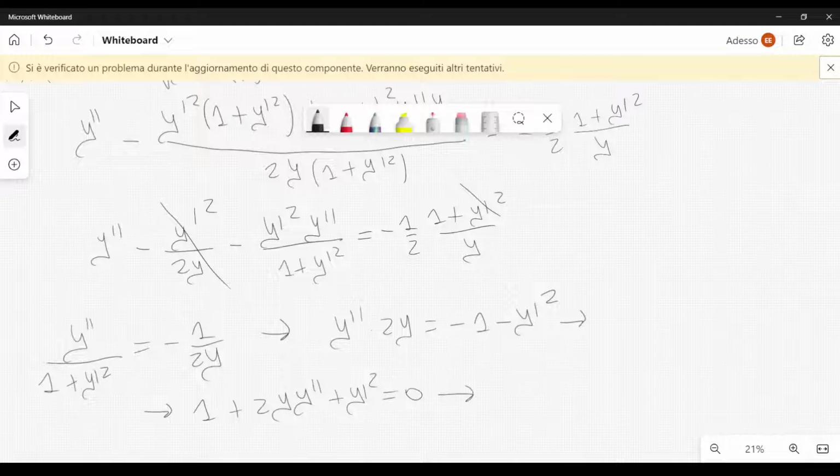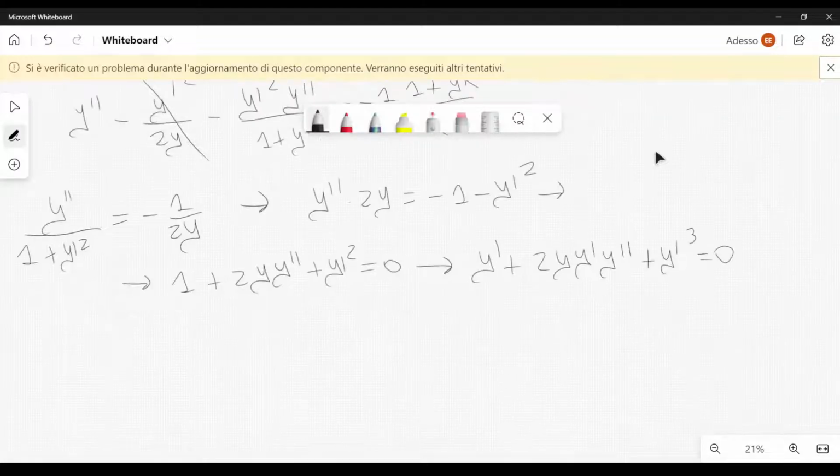Now you can multiply this equation by y prime and you get y prime plus 2y y prime y double prime plus y prime cubed equal to 0. And now this simplifies because this can be written as d over dx of y plus y prime squared times y. If you calculate the derivative of this with respect to x, you will obtain exactly this function.